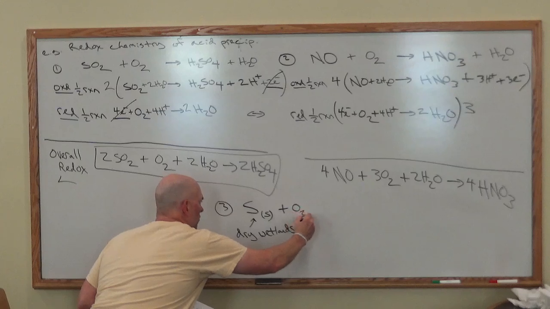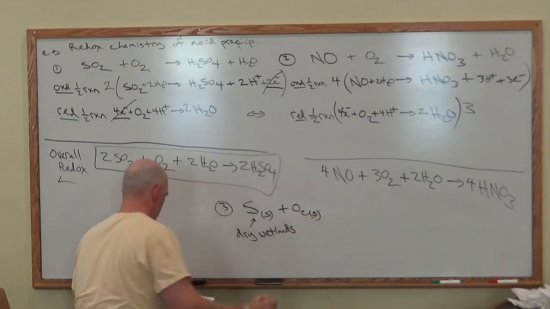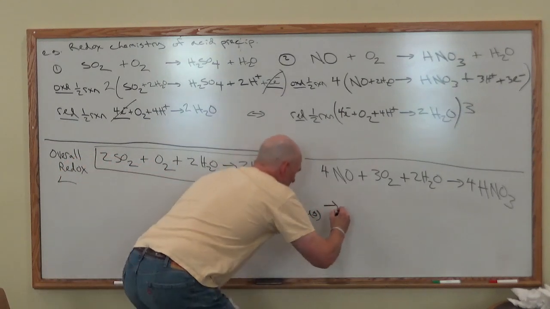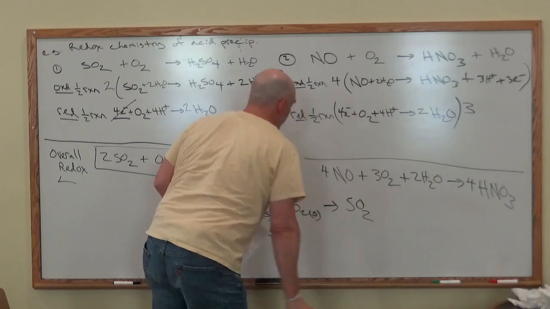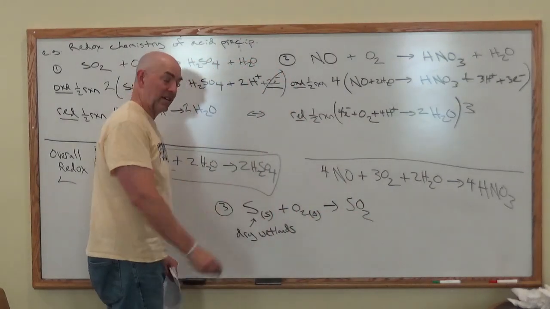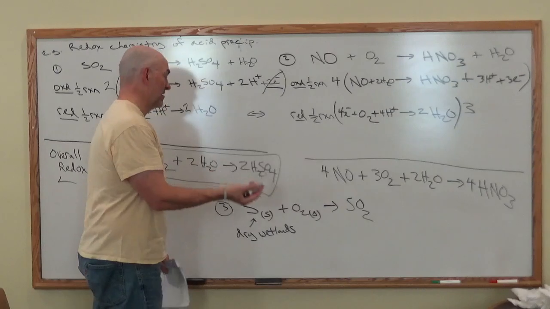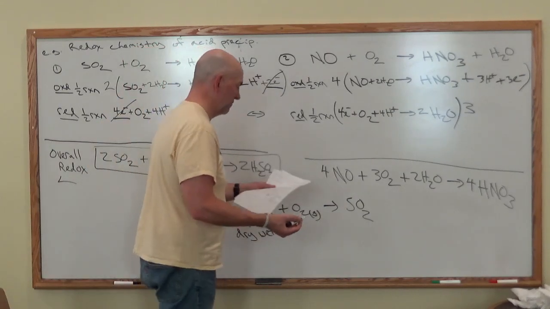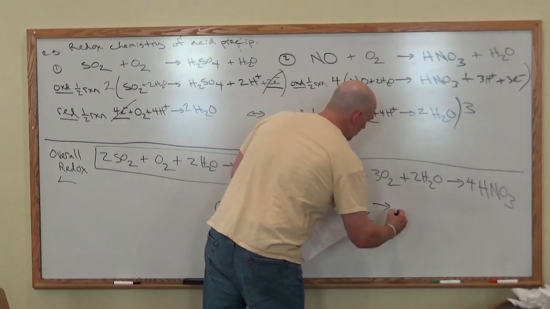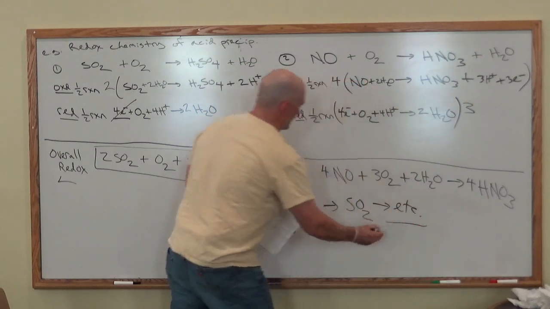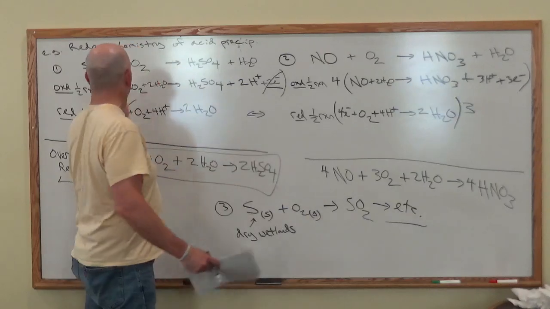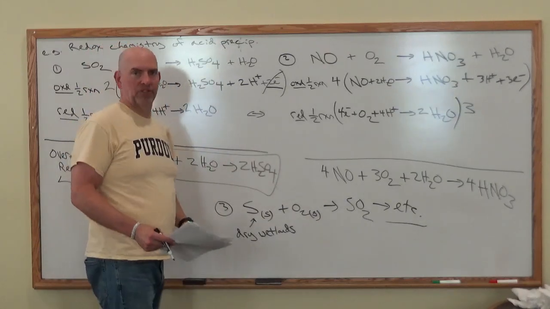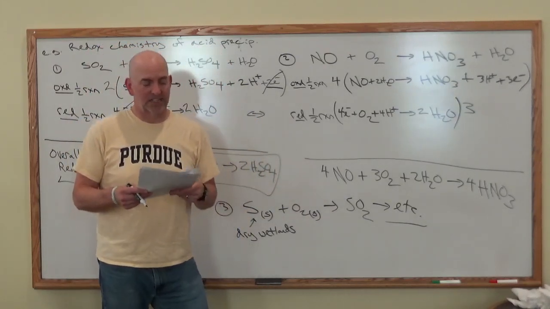If that burns or just combines with oxygen, well, you get sulfur dioxide. That's about as easy of an equation to balance. That is technically redox, but we don't need a fancy equation to do it, or a procedure. But once you get SO2, now we put it into the cycle where it can become sulfuric acid using the redox chemistry there.